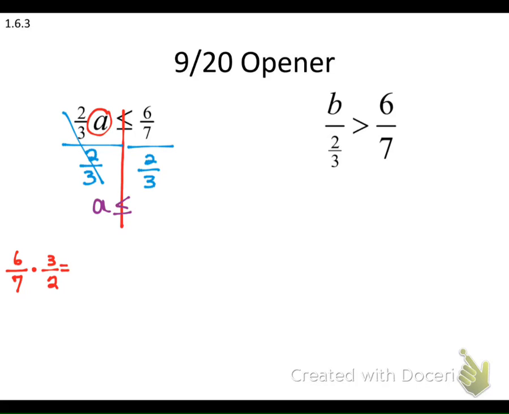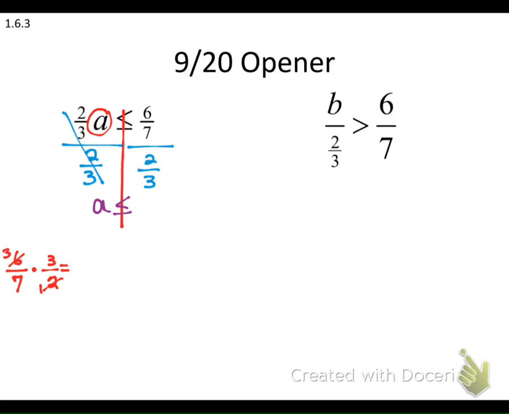Can I reduce any of these numerators with any of the denominators? 6, 2. What are they both divisible by? 2. Okay. 6 divided by 2 is? 3. And then 2 divided by 2 is? 1. Can I reduce any other numerator with any other denominator? No. So from there, I multiply my numerator.